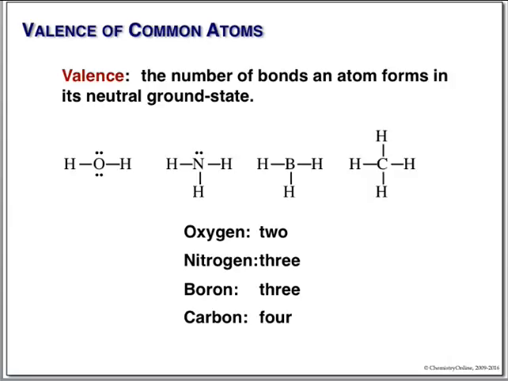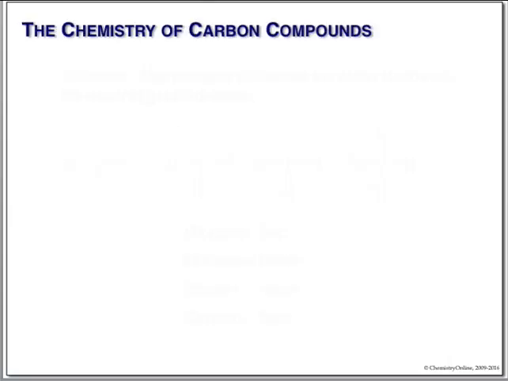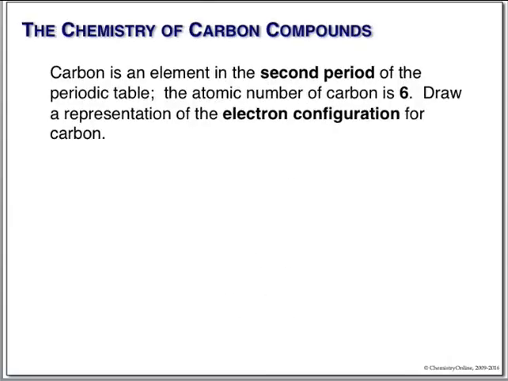Remember, nitrogen and boron are different because nitrogen will have the pair of electrons, and boron does not have 8 electrons, poor guy. Carbon, however, is 4. Carbon forms 4 bonds.